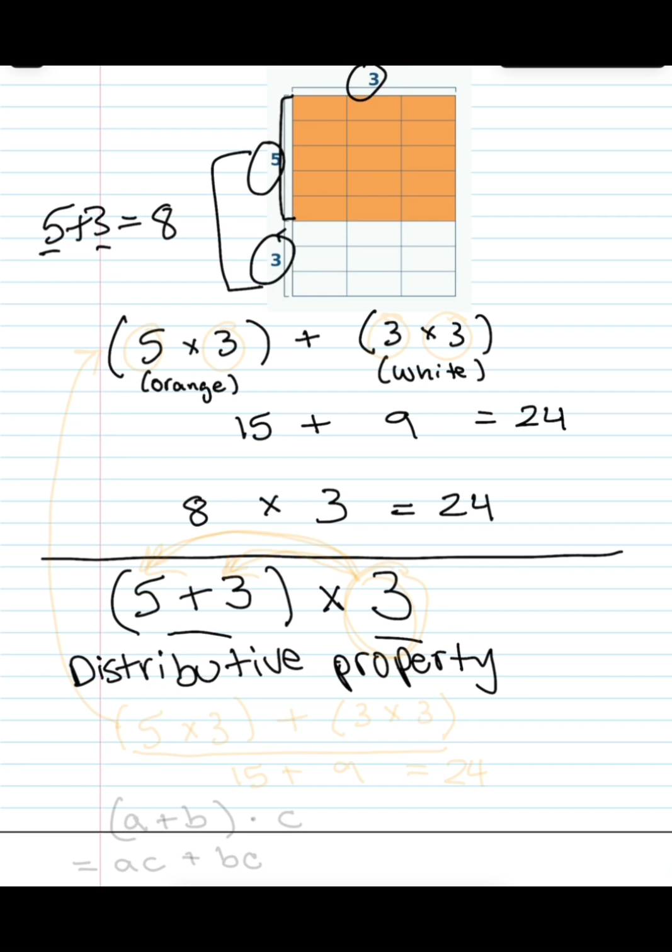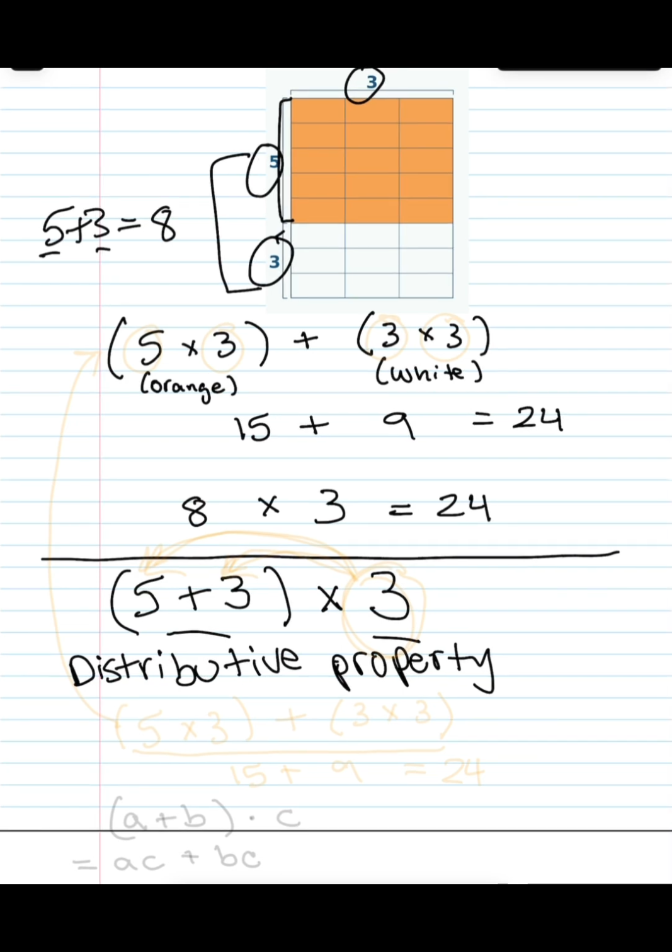And the distributive property distributes the value being multiplied, which in this case is 3, and that gets distributed to the 5, so that becomes 5 times 3. Usually we write that in parentheses just to keep it separated.